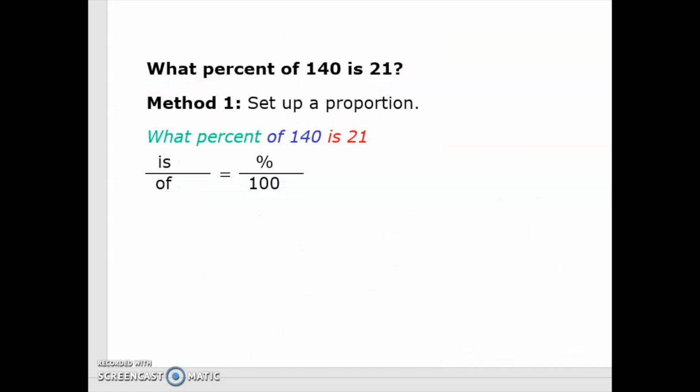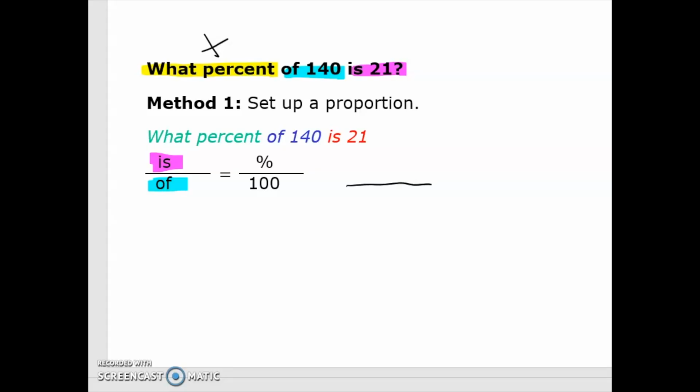So it says, what percent? So again, I do not know the percentage. That is going to be my variable. Of 140, of is going to go in the denominator. Is 21, so 21 is going to go in the numerator.